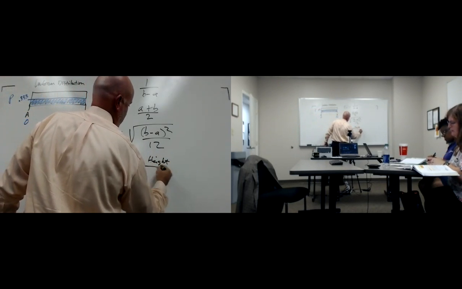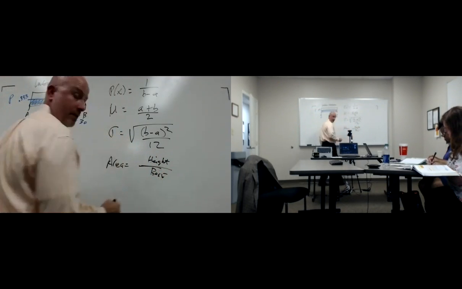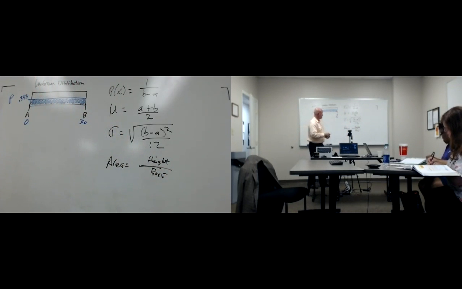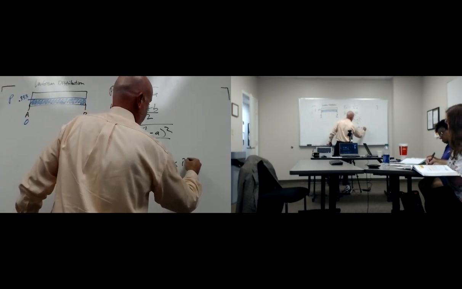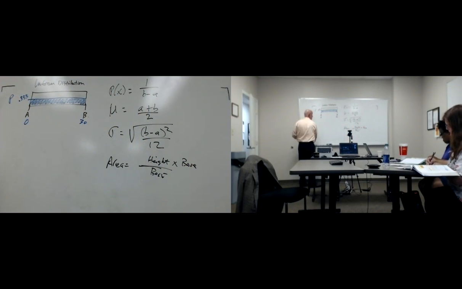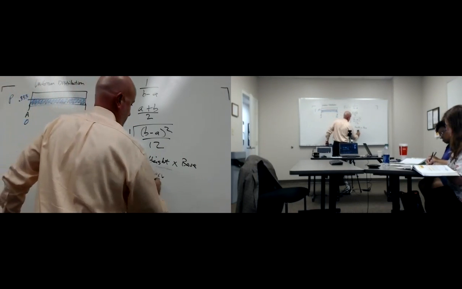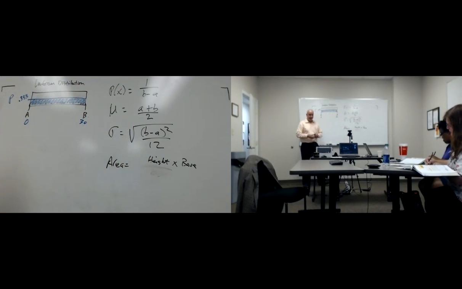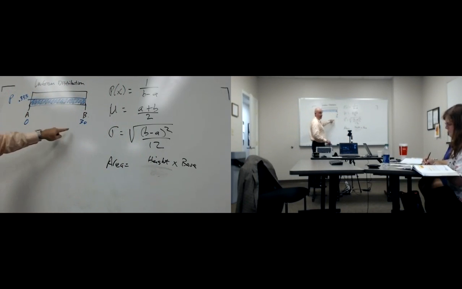This says height times base. So what is our height times base? It will be 1 divided by 30 minus 0. 30 minus 0.